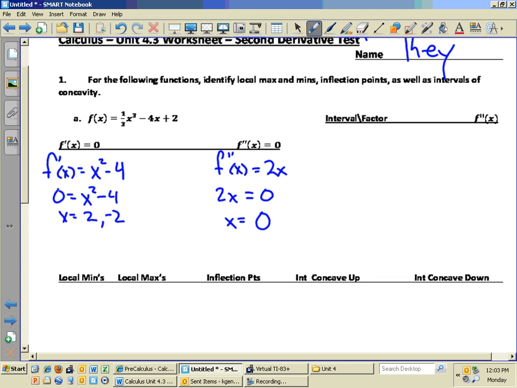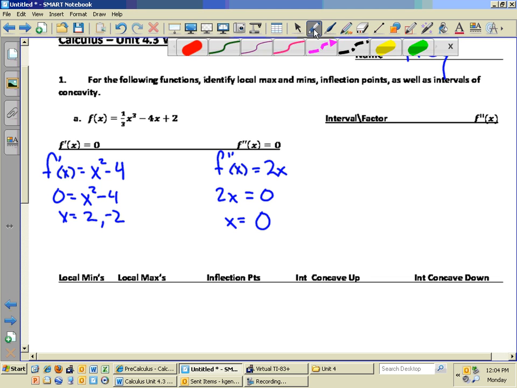Now, I showed you how to do interval testing just the other day for f prime of x. When f prime of x was positive, that told us where the function was increasing, and where f prime of x was negative, the function was decreasing. Now I'm going to check f double prime of x. If the inflection point happens at x equals 0, then my concavity probably will change there.